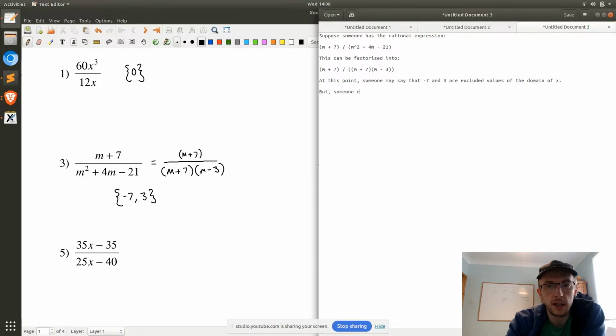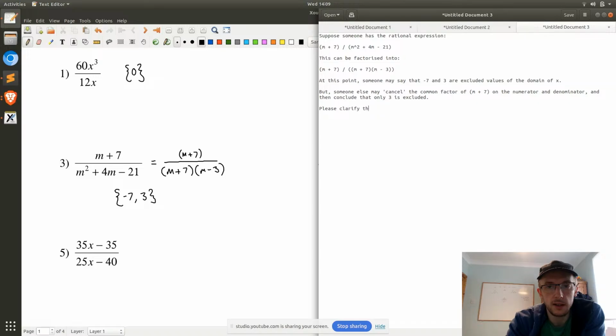But someone else may cancel, put cancel in quotes, the common factor of m + 7 on the numerator and denominator, and then conclude that only 3 is excluded.